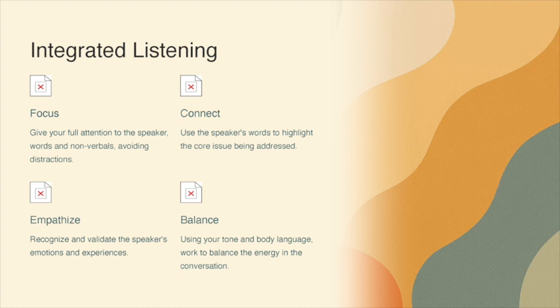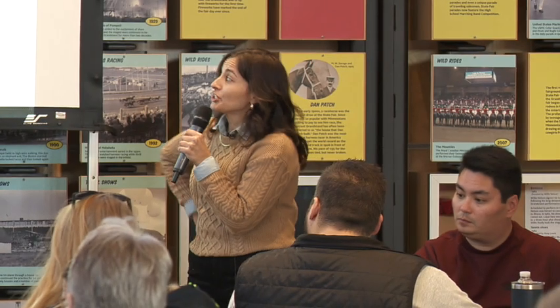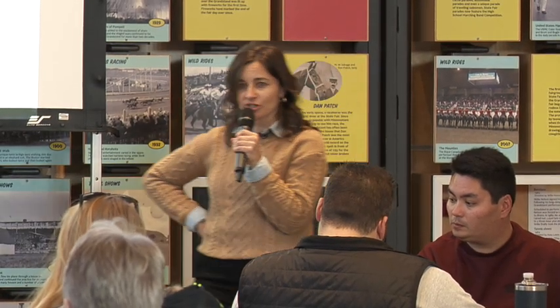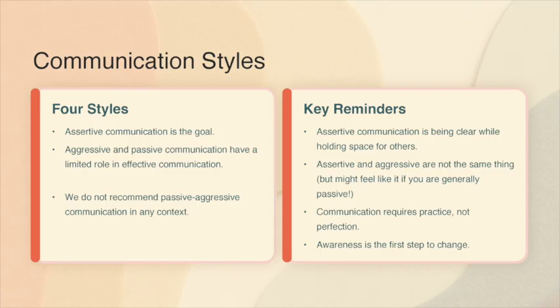And just to review our last session and our communication styles, as you recall, assertive communication is what we're always shooting for. At our best, we're trying to be assertive. There's a few times where aggressive or passive communication could be useful.